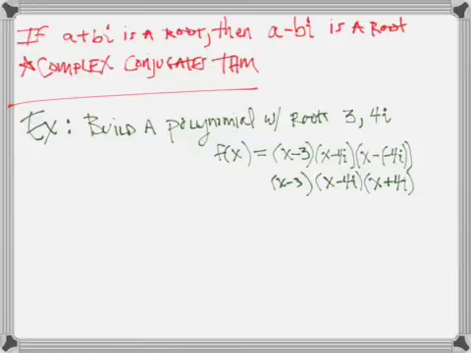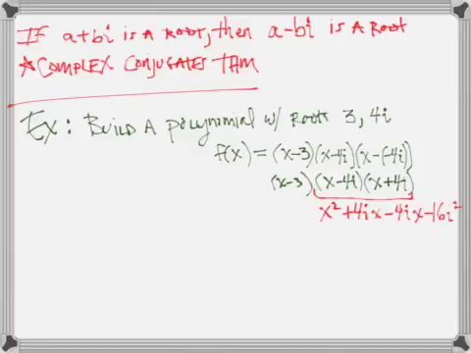So when I FOIL this piece, what do I get? X squared plus 4ix minus 4ix minus 16, what? I squared.